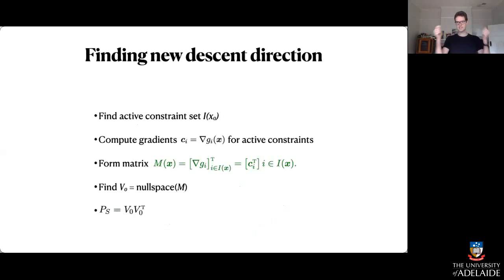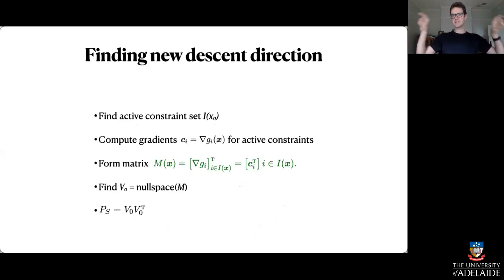Imagine that we're on the boundary of our feasible region. So we have some set of active constraints, I of x. Then we compute the gradients of those active constraints.